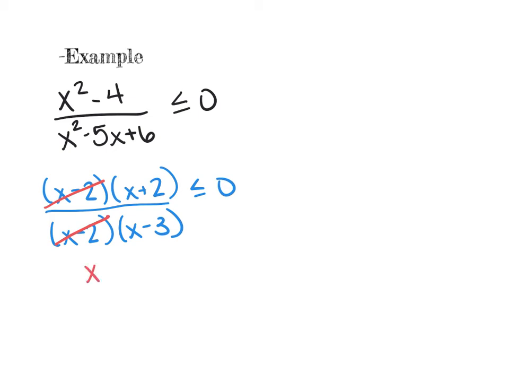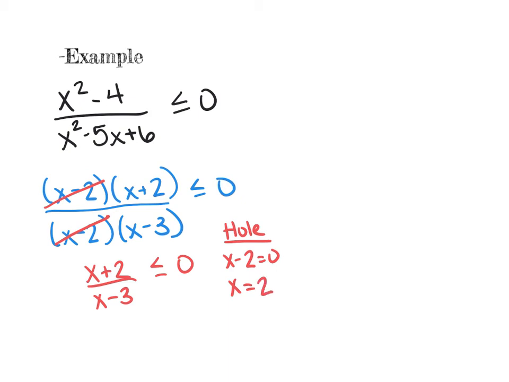So you're left with the reduced or simplified form of the rational function, x plus 2 over x minus 3, is less than or equal to 0. When we look at this now, first off, we have a hole. Our hole is at x minus 2 equals 0, or x equals 2. Then we have a 0. Let's find our zeros next.